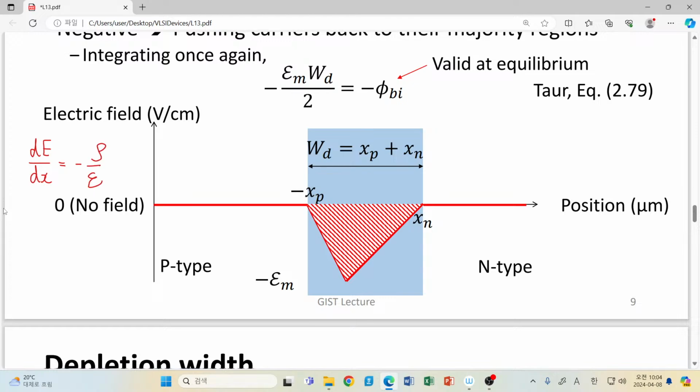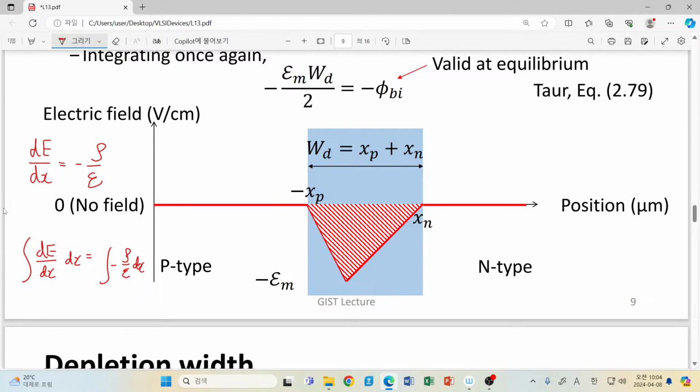Therefore, by integrating our Poisson equation once, so d/dx of dE/dx equals minus rho over epsilon dx, we can calculate the electric field from A to B, then B minus A can be calculated.